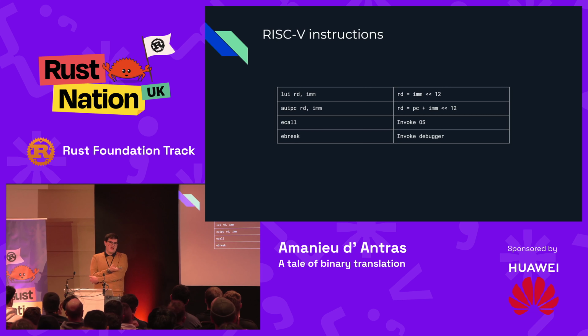So you need 2 instructions using LUI to generate any 32-bit value. LUI stands for load upper immediate, by the way. AUIPC, add upper immediate to PC, is similar, but also adds the current program counter value. This and the jump and link instructions are basically the only 2 ways to read the program counter.